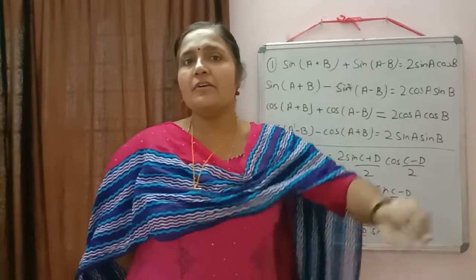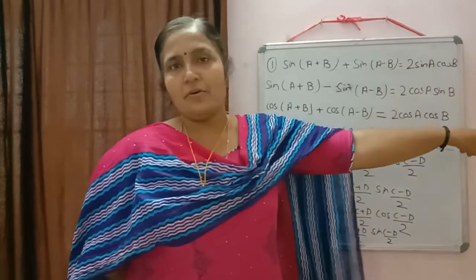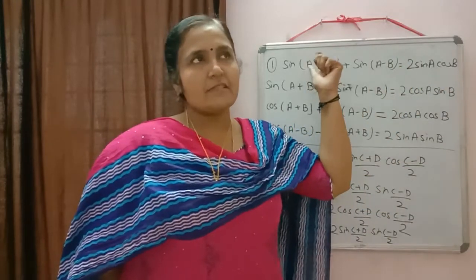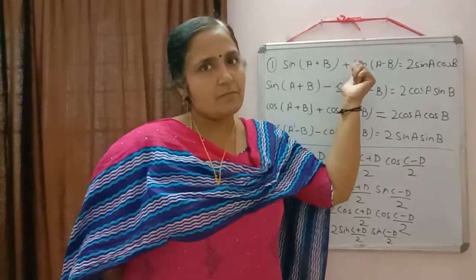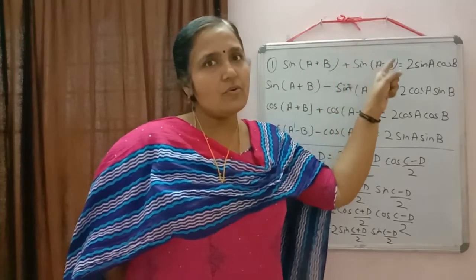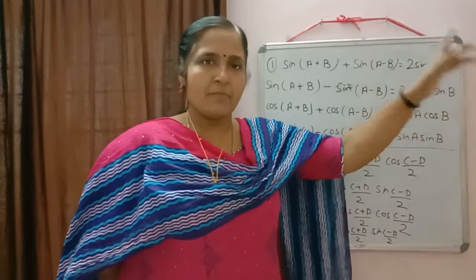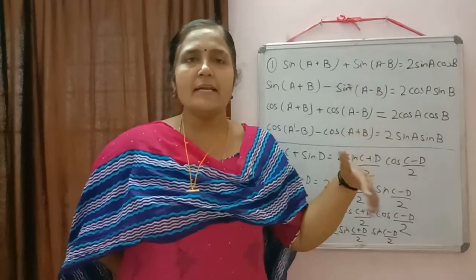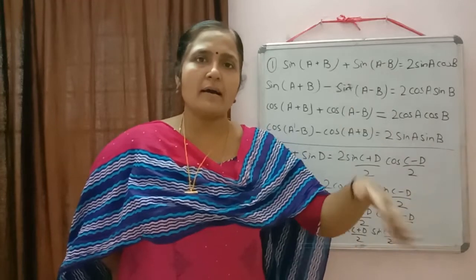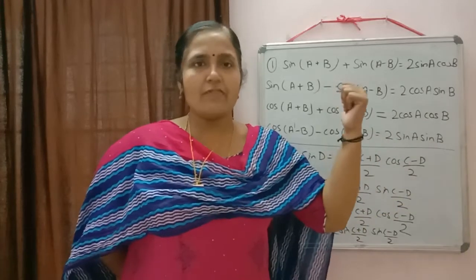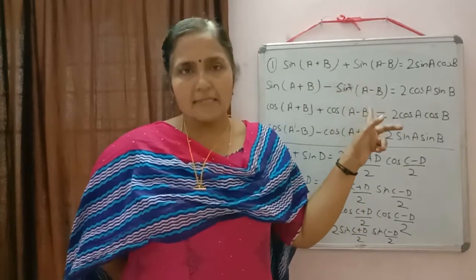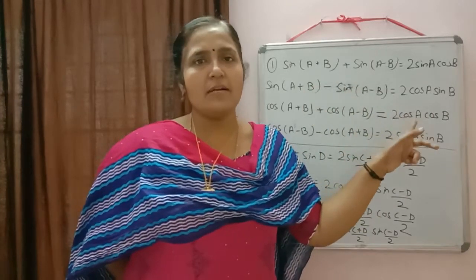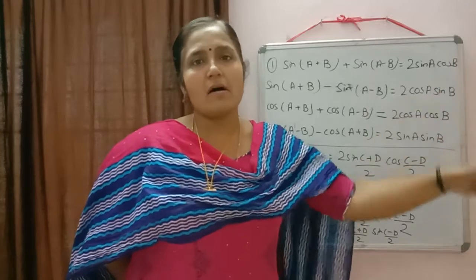So it will be equal to 2 sin A cos B. Then in case of subtraction, sin A plus B minus sin A minus B will be equal to 2 cos A sin B. In case of cos, either only cos or only sin will come. In case of addition, cos will come. So cos A plus B plus cos A minus B is equal to 2 cos A cos B.